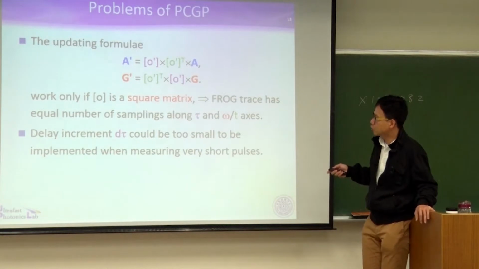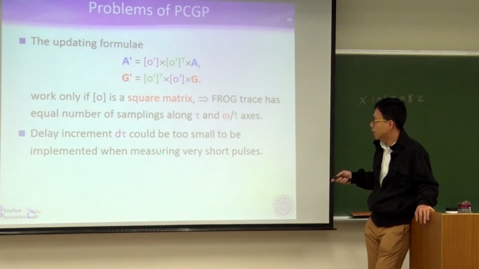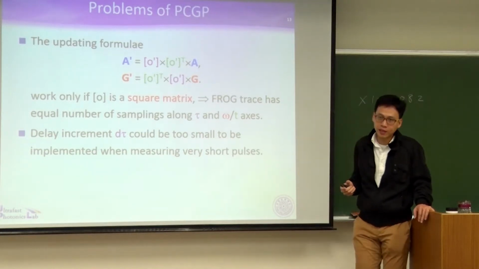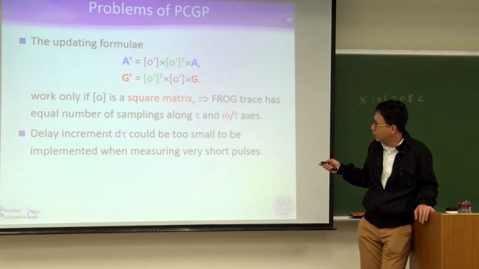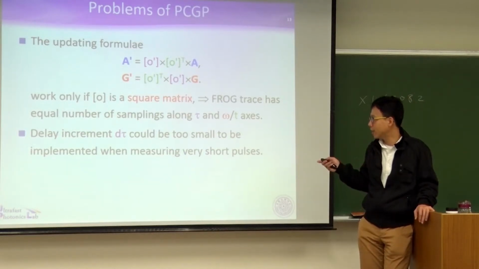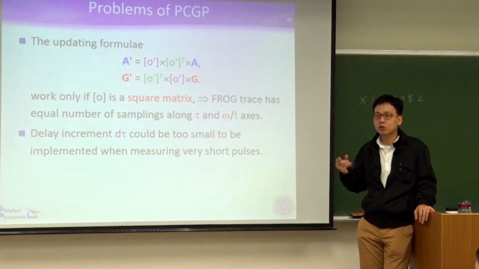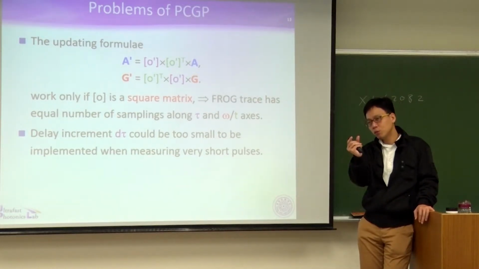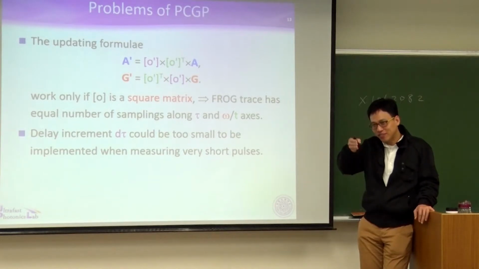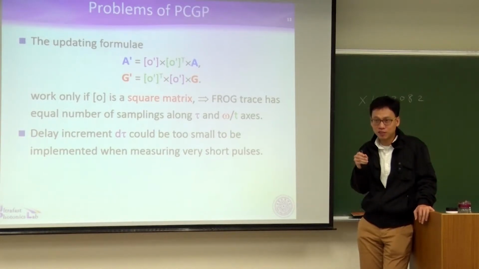For example, if you try to measure a very short pulse, say your pulse width is only 5 femtoseconds, and your omega axis has 200 samplings, so the delay axis also has 200 samplings, but your pulse width is only 5 femtoseconds. So you can imagine d tau, the delay step size, has to be very, very small.